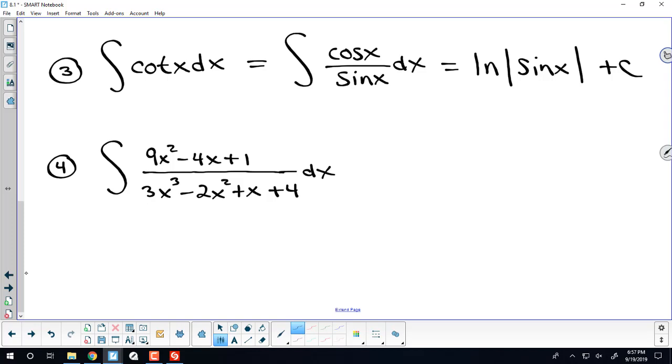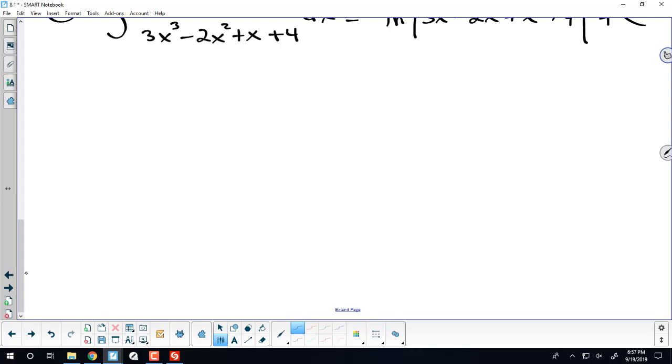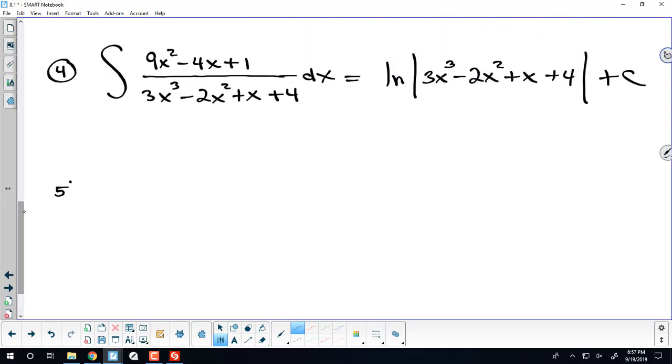Natural log of denominator. Yeah, natural log of our denominator, because the denominator's derivative is directly above. Whatever, and on we could go, but for efficiency, if you utilize this, it's a lot more efficient.